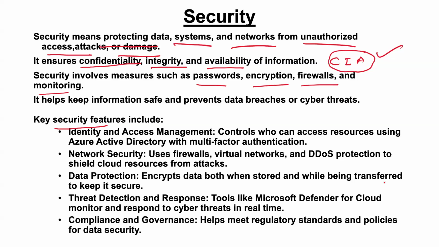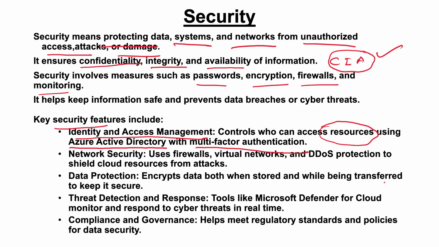Coming to the key security features, we have identity access management, which I have mentioned, that controls who can access the resources. I will show you all the resources we have on Azure using Azure Active Directory. This gives permission on who can use the resources, with multi-factor authentication.